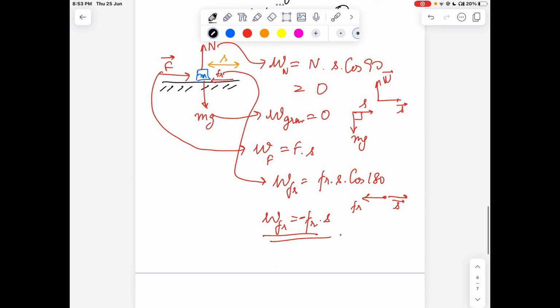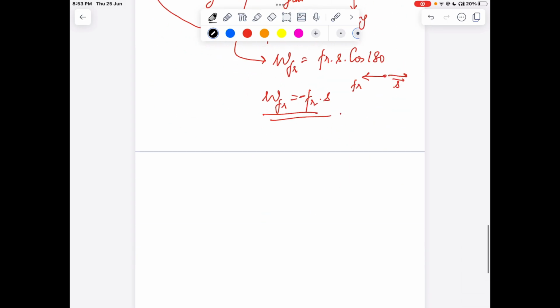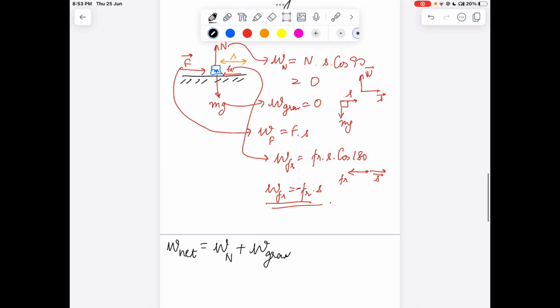So in this particular case, what would be the net work done? Let's consider that. We can say W net is the sum of the individual works: W n, the work done by the normal force, plus W gravity, the work done by the gravitational force, plus the work done by the F force, plus the work done by the friction force.